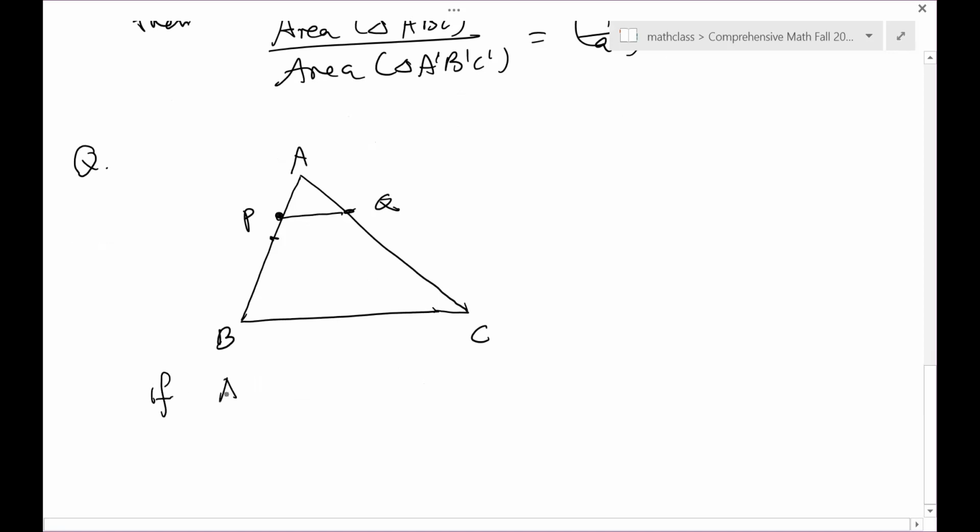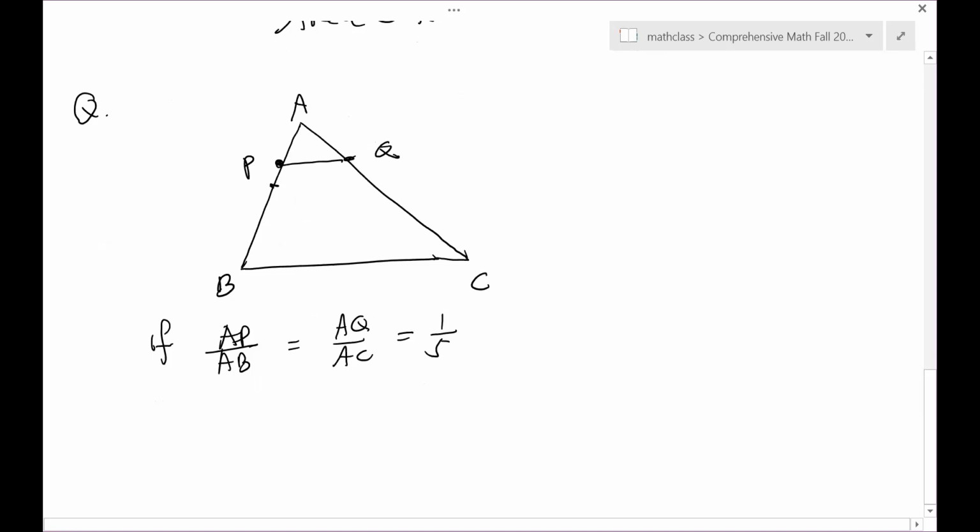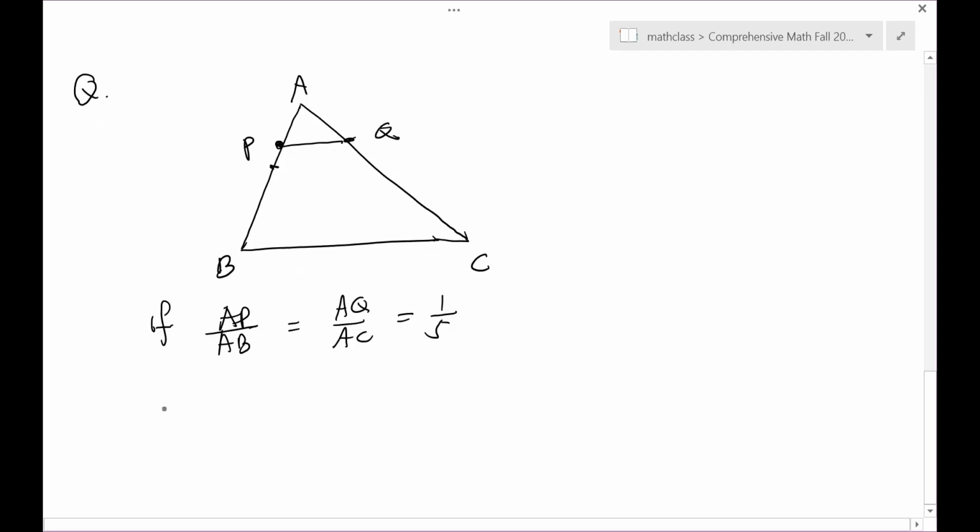If AP over AB equals AQ over AC equals 1 over 5, then you will see that these two triangles will be similar. It's easy to see that triangle APQ is similar to triangle ABC.